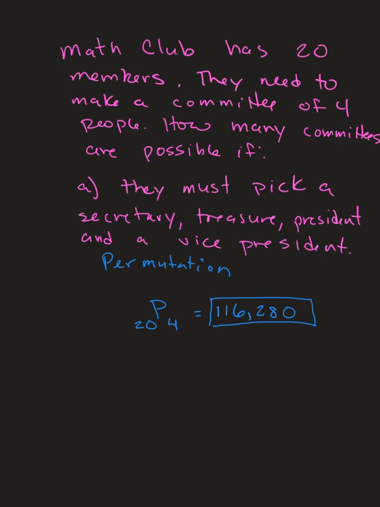All right, now one thing I want to point out is that anytime you have a permutation, it is just a special case of the fundamental counting principle. So I'm going to write that down. Okay. A permutation is a special case of the fundamental counting principle.